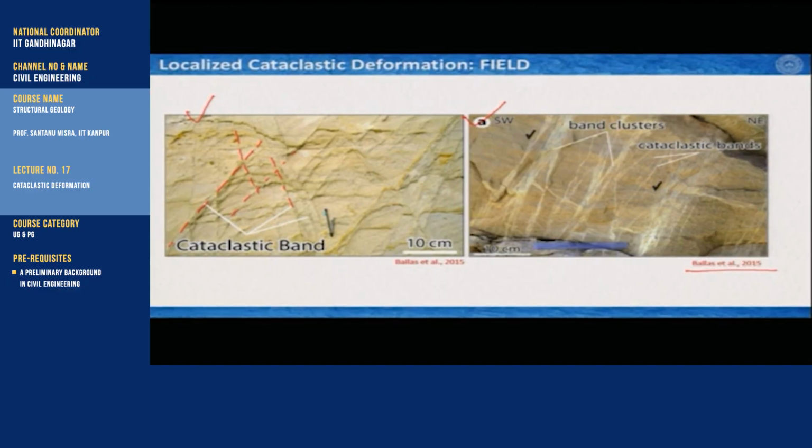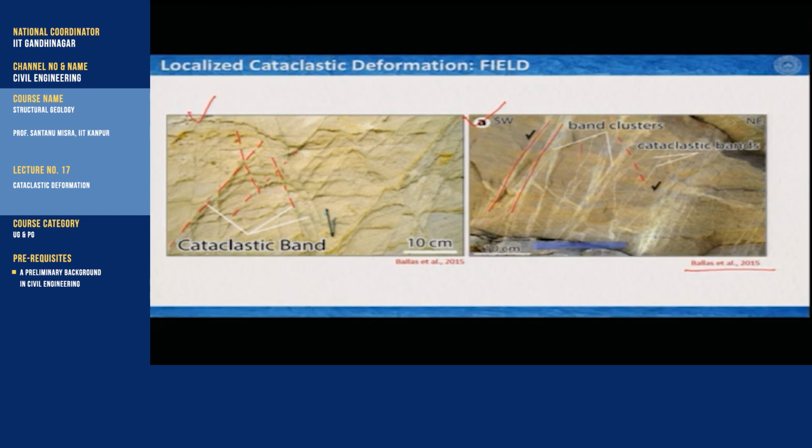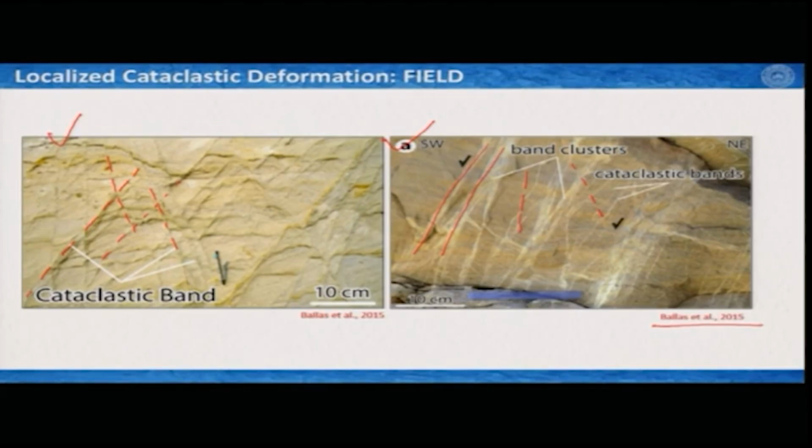We will see the microstructure of this soon. In this case as well, you can see that dominantly one set is there going like this, and at the same time we have one very weakly developed set at an angle with the previous one. So, this is the look of deformation bands, or localized cataclastic bands, in the field.